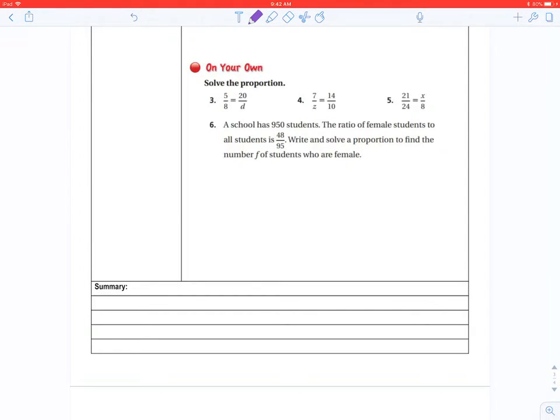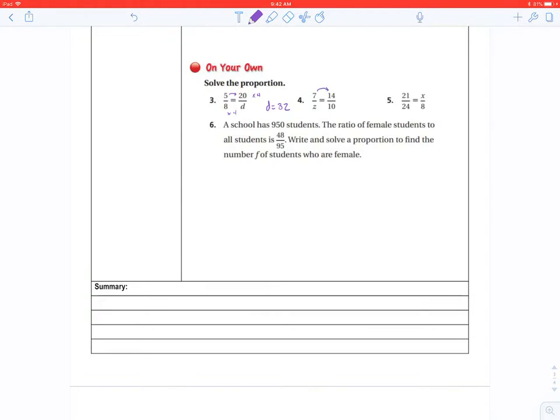And for number 3, we're looking at 5 is to 8 as 20 is to d. So what is the value of d? Well, for 5 to get to 20, these two values that we do know, we can think that 5 times 4 would equal 20. And if 5 times 4 equals 20, then we need to also multiply the bottom denominator, that 8, by 4, which means that d would need to have a value of 32.